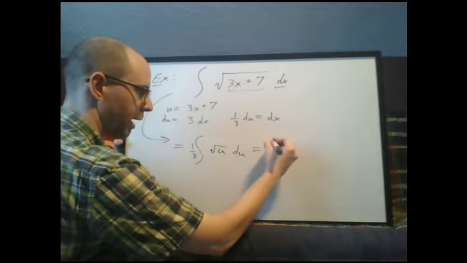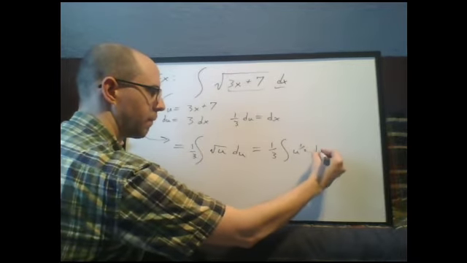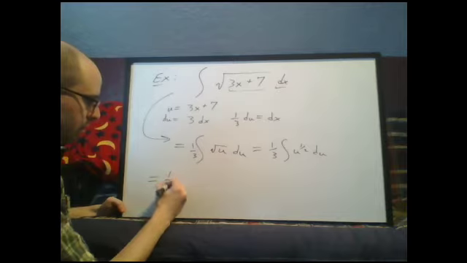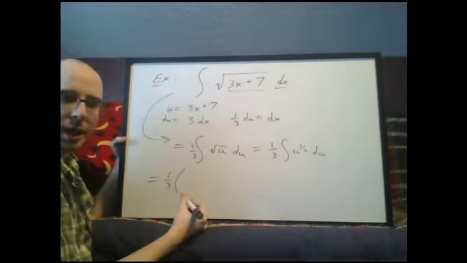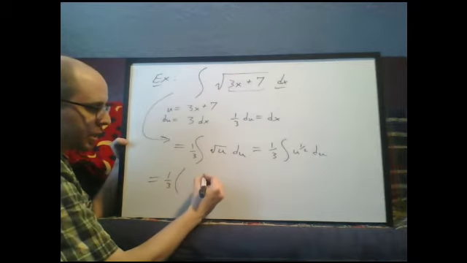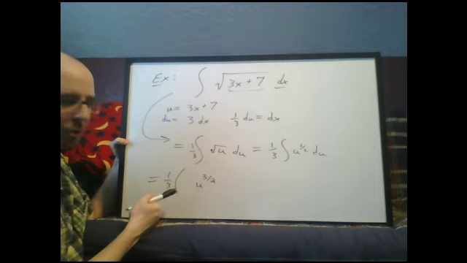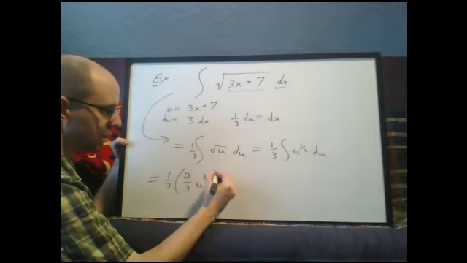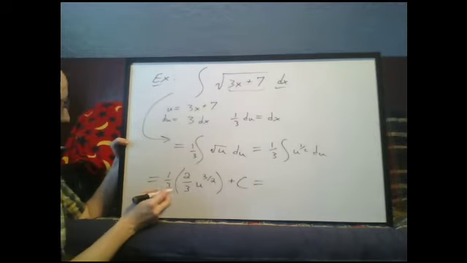That's u to the 1/2. We integrate u to the 1/2 by adding 1 to the exponent. That gives us u to the 3/2 power. Dividing by 3/2 is the same as multiplying by 2/3. So we get 2/9.